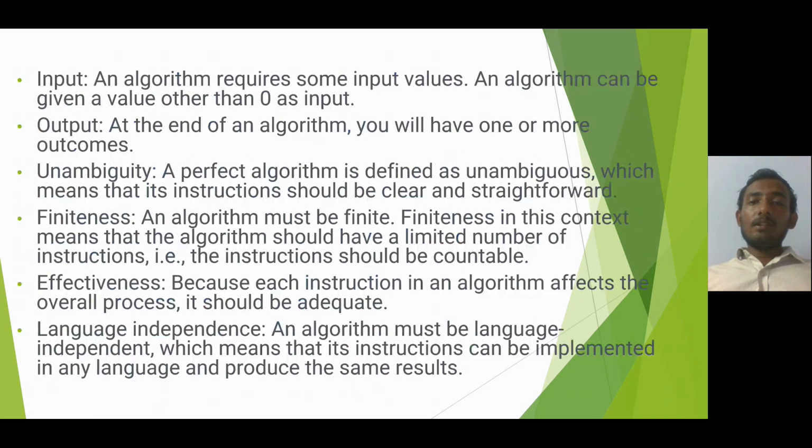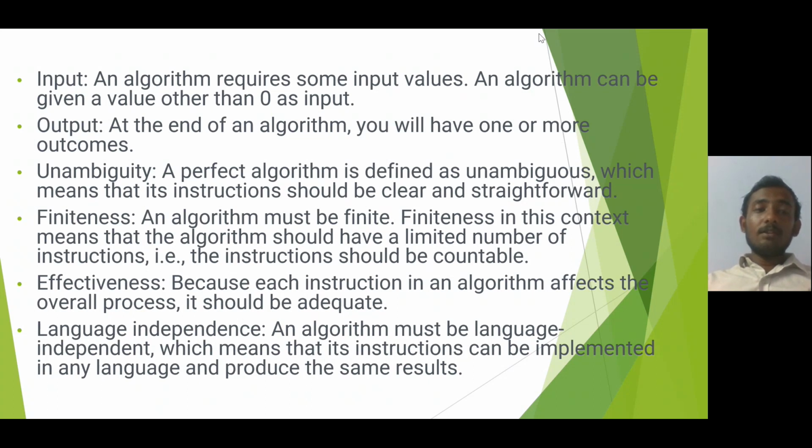An algorithm requires some input values so that it processes the input dynamically, so that every input can be characterized with this input characteristic. And an output, we have to get the result from the program. So output is a definite characteristic from the algorithm. At the end of the algorithm, you will have one or more outputs.